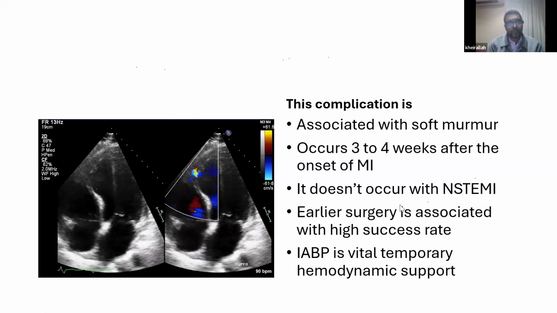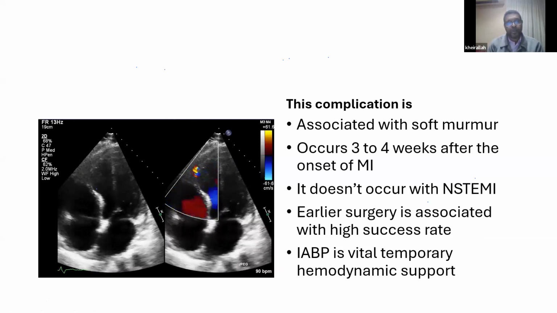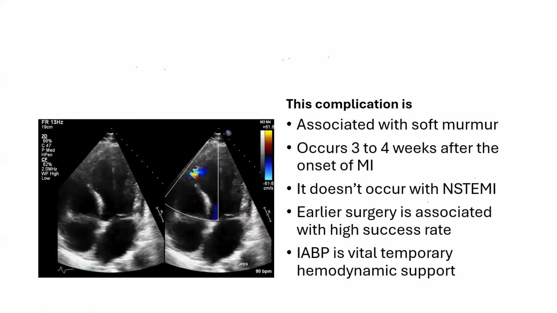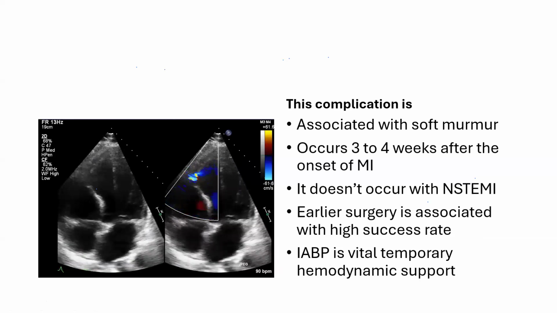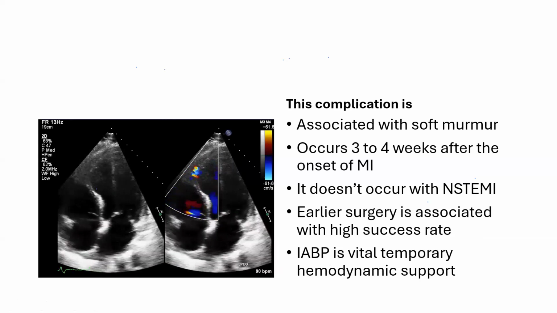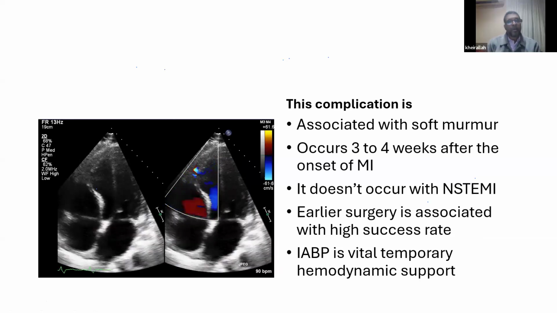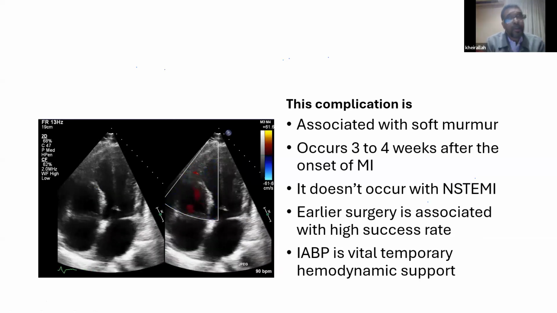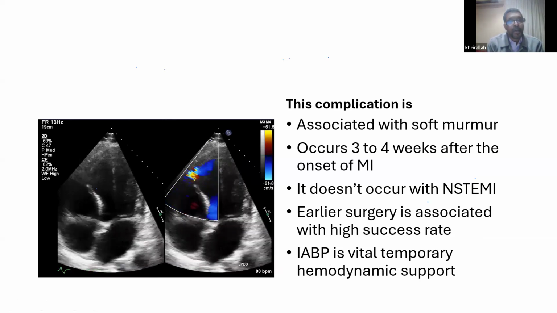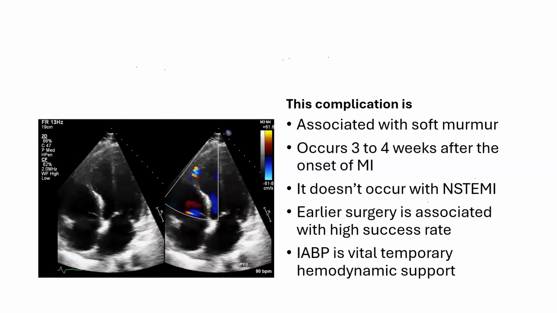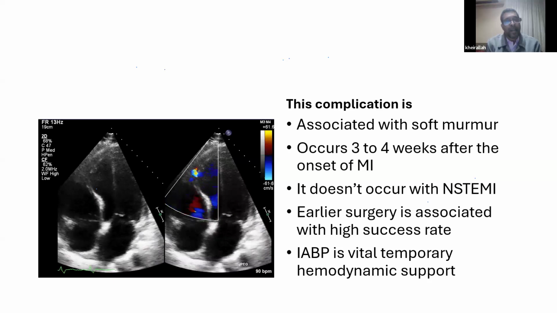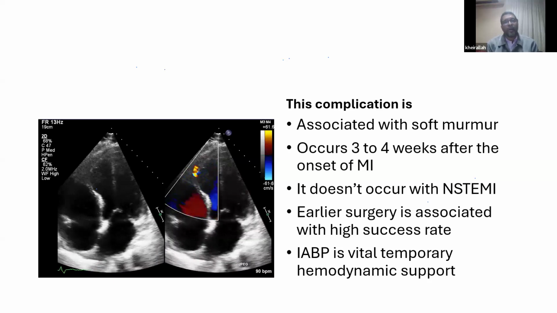So, which one do you think is right? So it is usually with harsh murmur, and it occurs 3 to 4 days after MI. Exactly. So the murmur of VSR is not like the murmur of MR due to papillary muscle rupture. It is loud, intense, and associated with thrill. So number 1 is wrong.